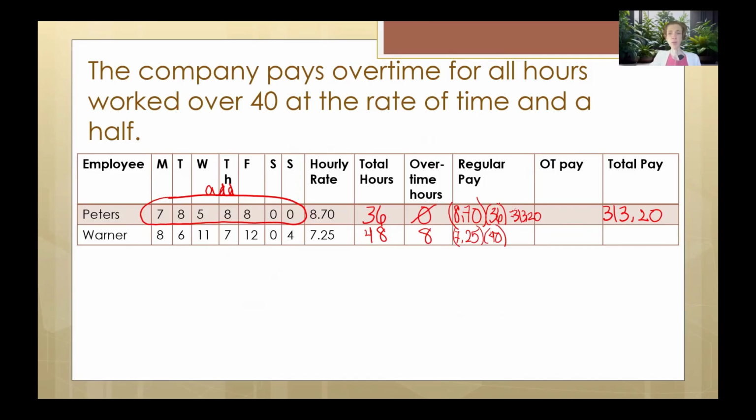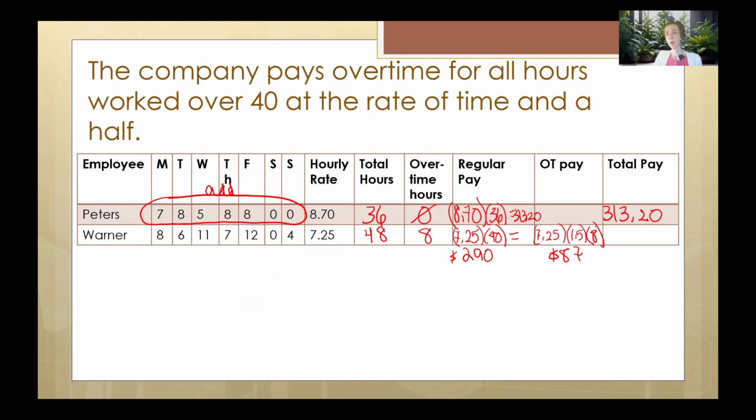So that'll be 290. Then overtime pay is going to be 7.25 times time and a half times 8, right? And that will give us $87.